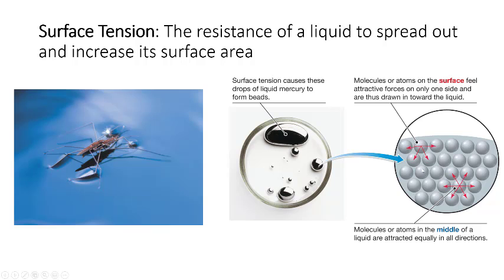So what we have is a surface tension, where on the surface of a material, we have a net force pulling downward caused by the intermolecular forces between the surface molecules or surface atoms and all of those atoms or molecules that are located lower in the sample. And so this produces a tension where all of our surface molecules are being pulled downward. And so this produces the surface tension that allows a bug to stay on top of water or allows spherical droplets to form within a solution.